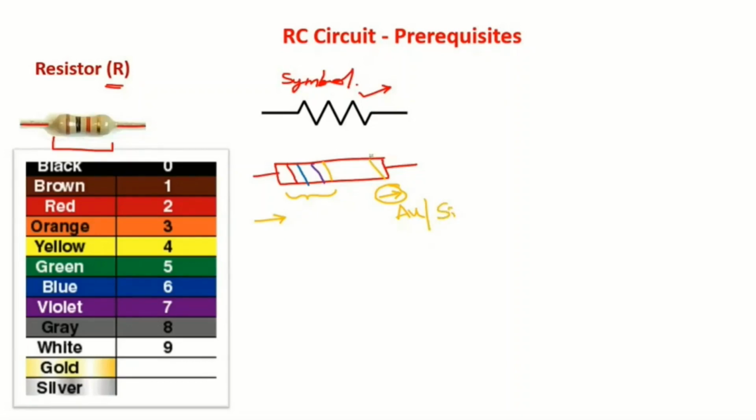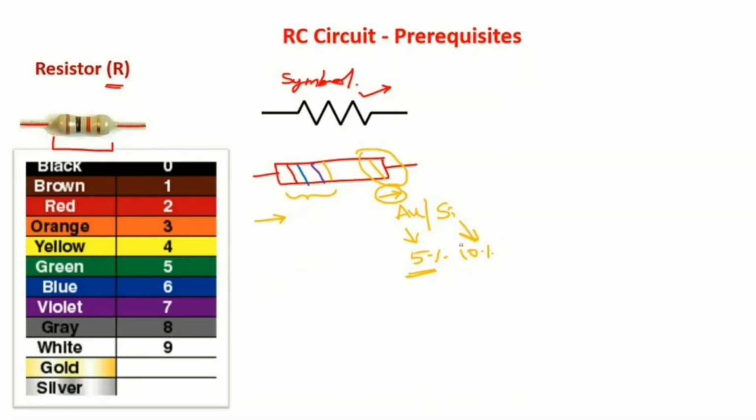That means on the right hand side we can have either gold or silver. If gold is present, there is plus or minus 5% tolerance in the resistance value calculated from the first three or four colors. Similarly, if there is a silver color on the right hand side, we get plus or minus 10 percent tolerance in the calculated resistance value.